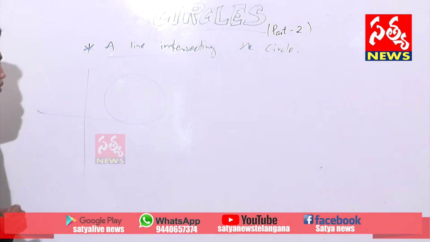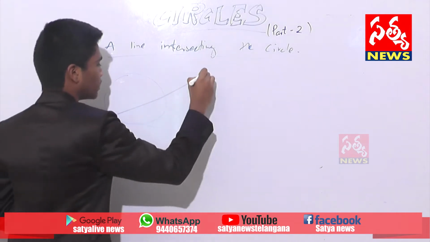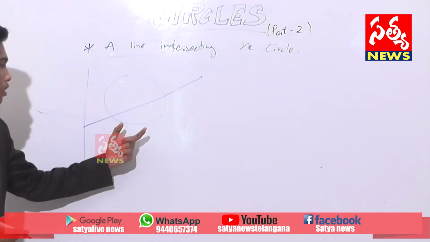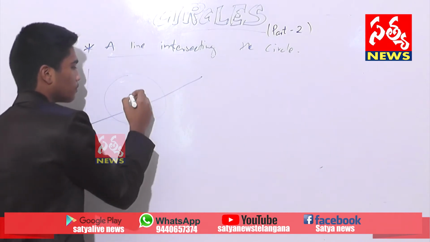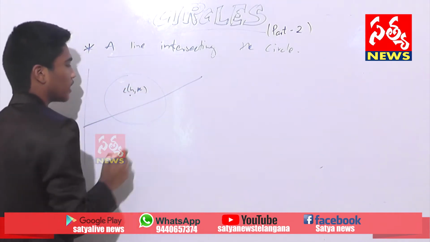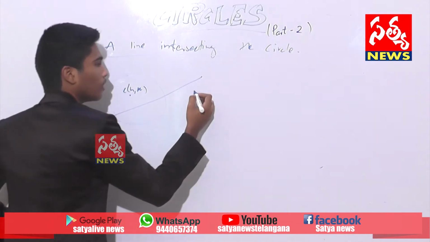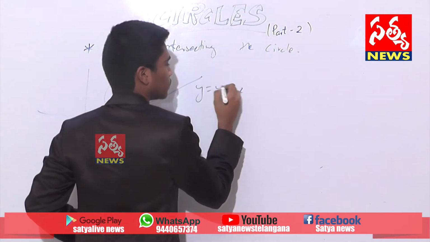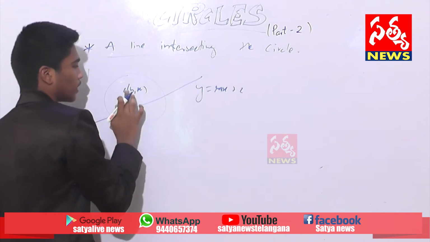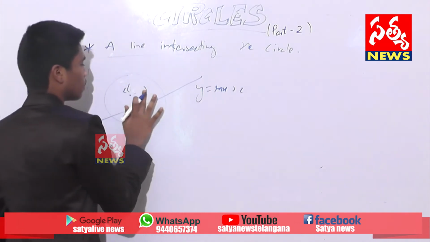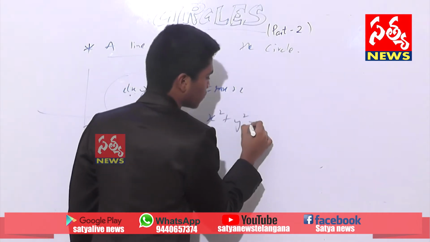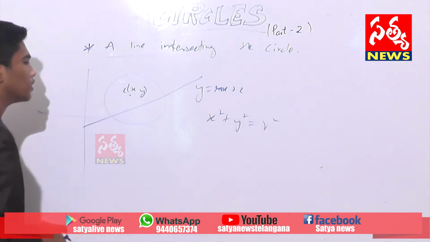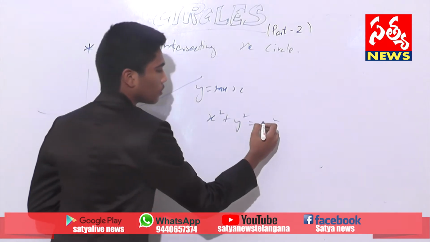If at all this is a circle and there is a line which passes through a circle, or else which cuts the circle at 2 points, center of the circle is h comma k, let the line be y is equals to mx plus c. The equation of circle is x square plus y square is equals to r square.